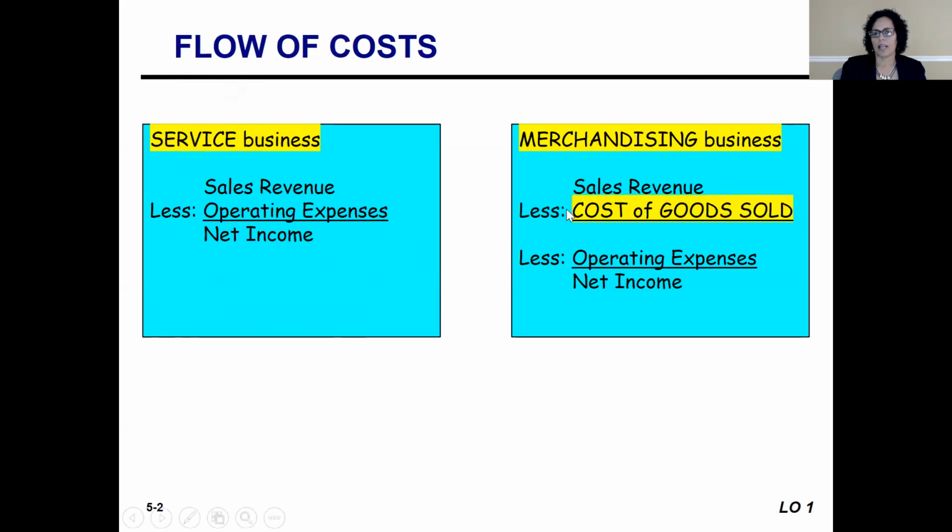So there is a cost associated with generating revenues, and that's the cost of goods sold. And that's where our focus is on this chapter. So sales revenue less cost of goods sold gives you gross profit. That's just an intermediate number that we want to see how profitable we are with sales that we make. We then subtract all our operating expenses to arrive at the net income.